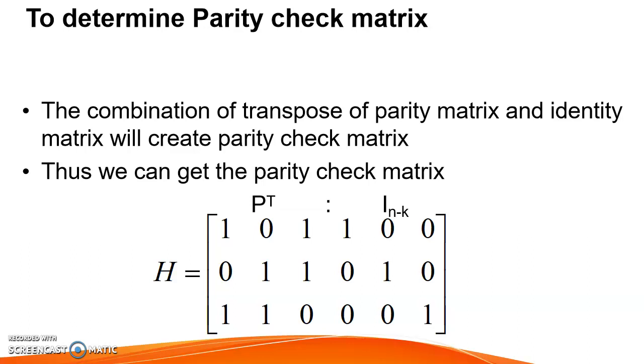So PT, the transpose of the parity matrix, consists of 3 bits: 101, 011 and 110. The rest of the part is created by the identity matrix I of n minus k, where n is 6 and k is 3. So it is the I3 matrix, which has 3 rows and 3 columns. In this way the parity check matrix is created.